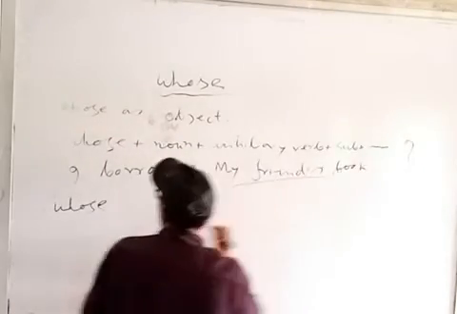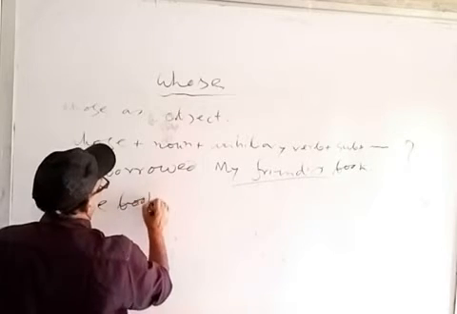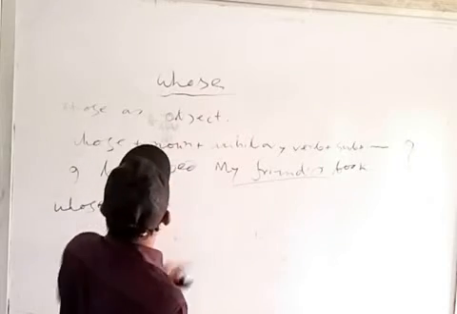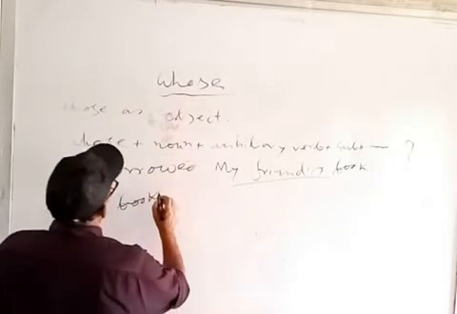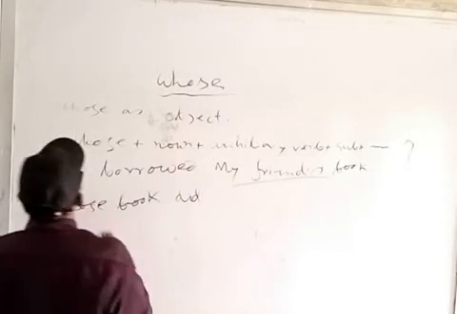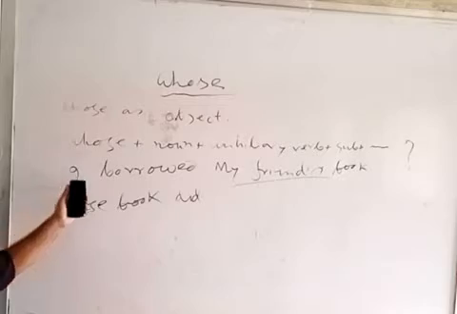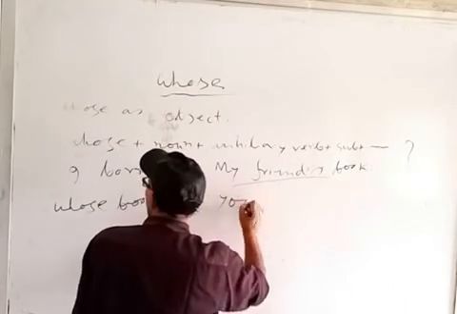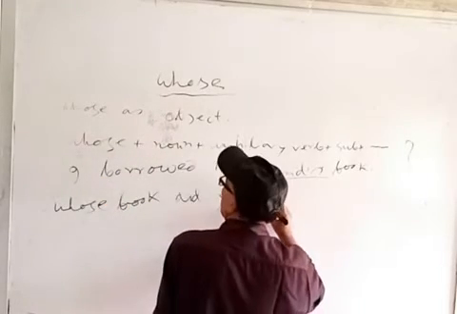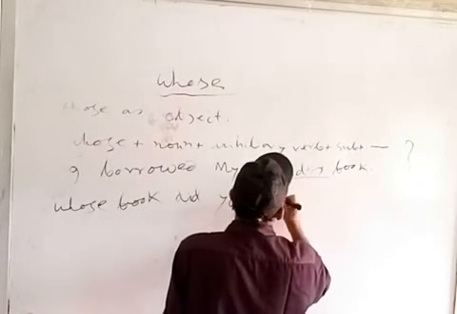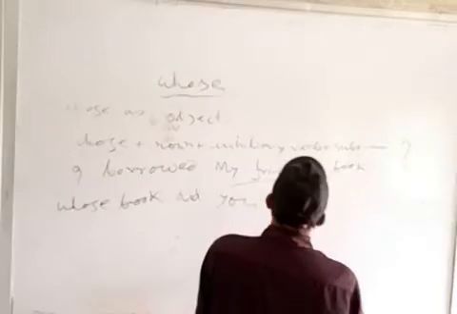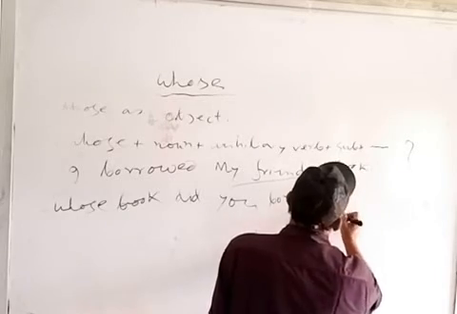Then we find the noun book. And this is past indefinite tense, so you have to bring the auxiliary verb did. Then the subject, here we see I. In lieu of I, you have to use you. Then the present form of the verb, borrow. Then note of interrogation.